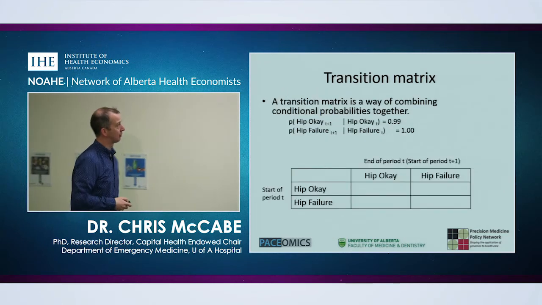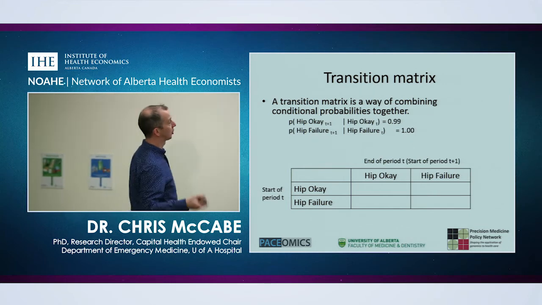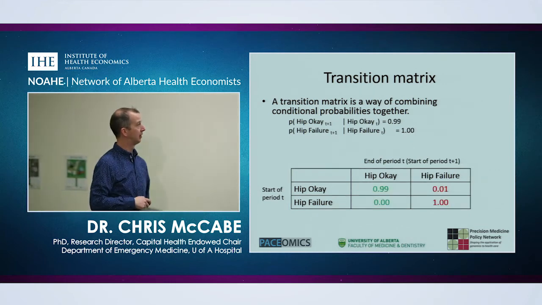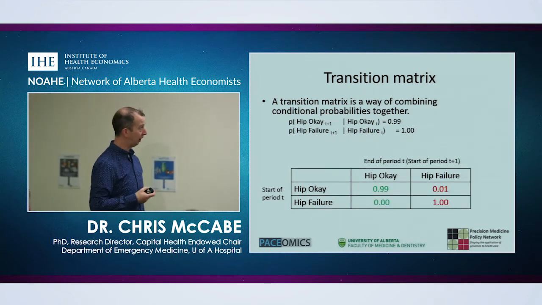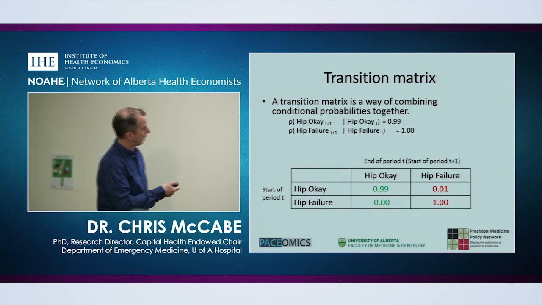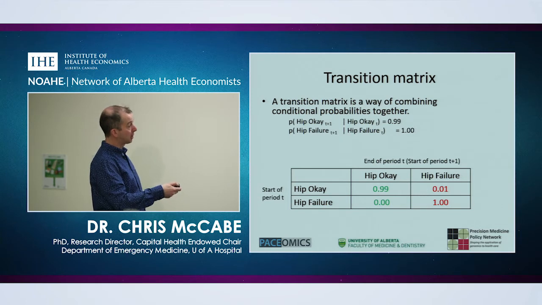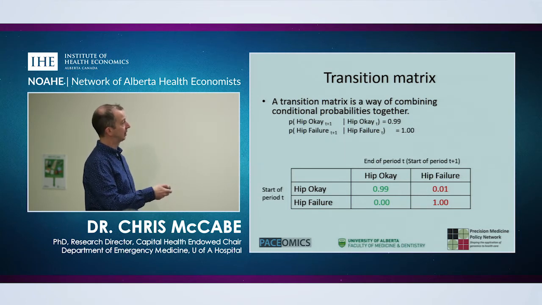So the transition matrix is our probability of moving to the other state given where we start. So here's our transition matrix. We start in hip OK, with a 99% chance of remaining there and a 1% chance of hip failure. If you've started in hip failure, it's the absorbing state, so you're definitely going to stay in hip failure. Okay?